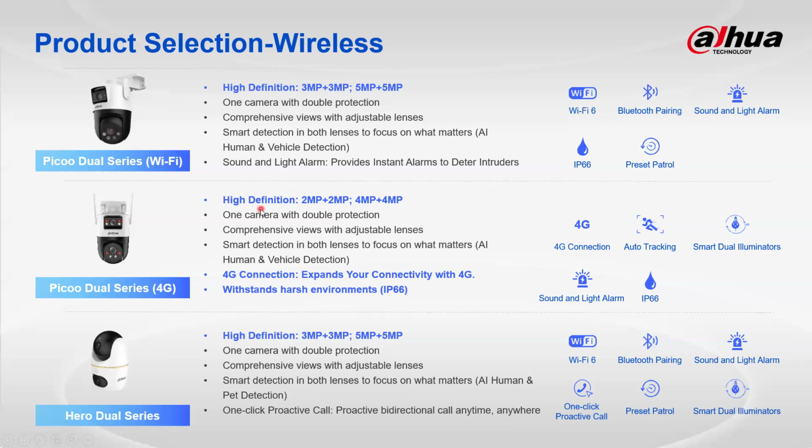The 4G Pico Duo series supports 2 megapixel or 4 megapixel on each of these lenses. The same case applies to this Hero series. We have 3 megapixel and 5 megapixel in total.